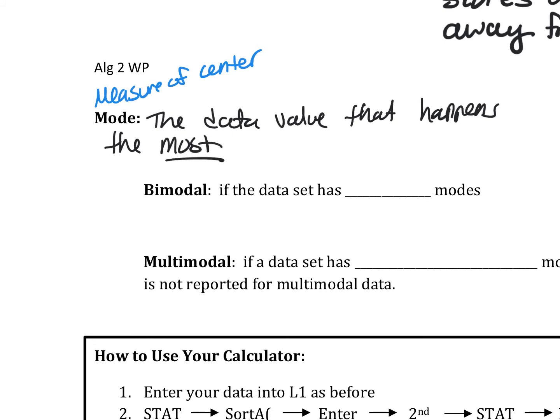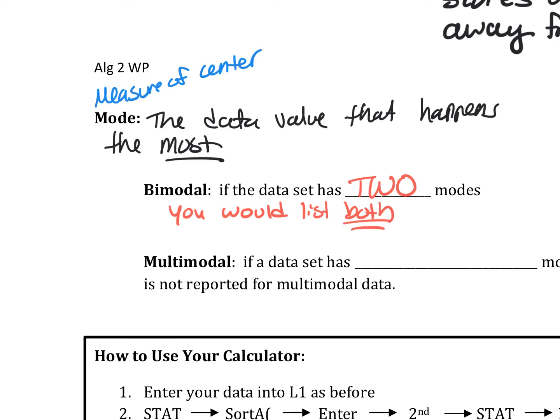Now with mode, we have a couple situations. Sometimes you can just have one mode and cool, that's your data value. Sometimes we can have a bimodal set of data, which is a data set that has two modes. And at that point, you would list both.